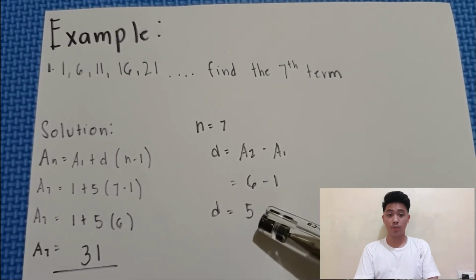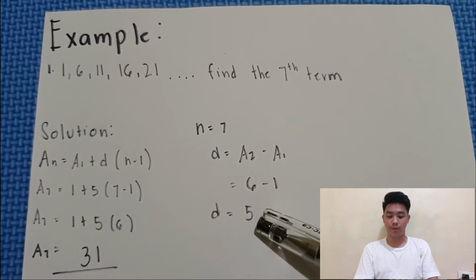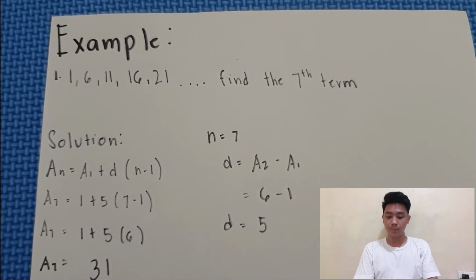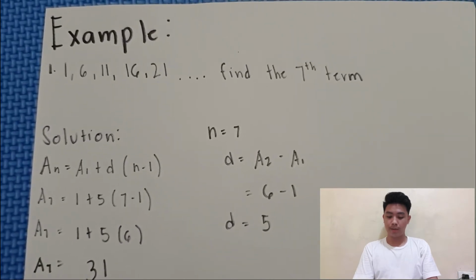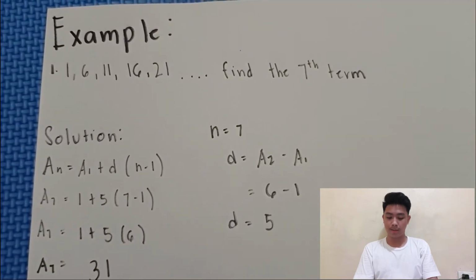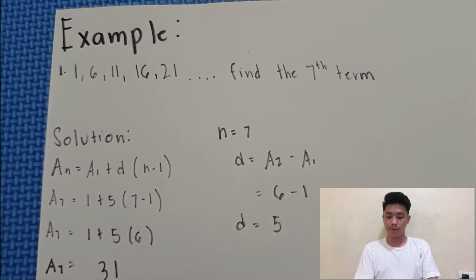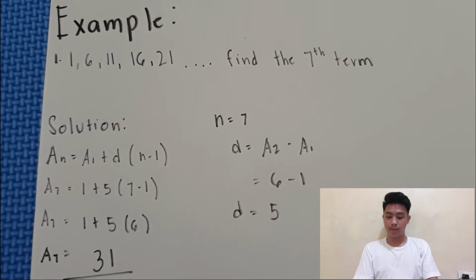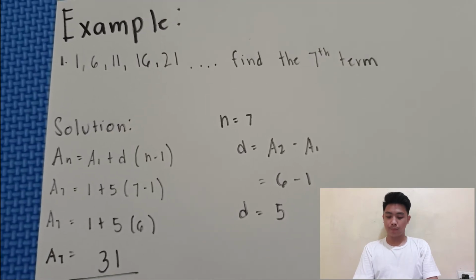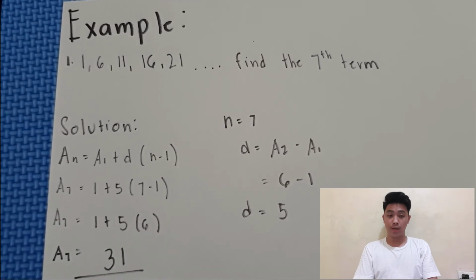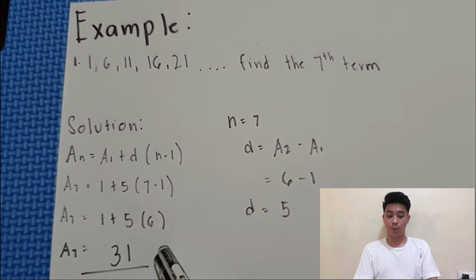So 6 minus 1, and then you will get an answer of 5. So going back, a sub n is equal to 1 plus 5 times the quantity of 7 minus 1. Next, a sub n equals 1 plus 5 times 6. Then you will get an answer of 31.